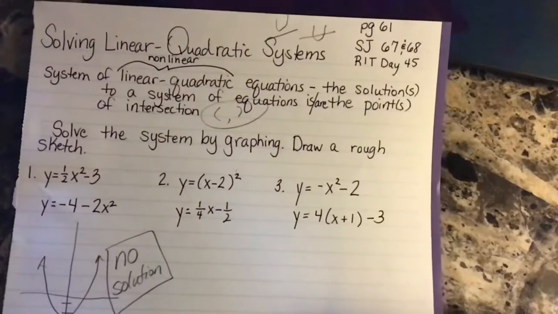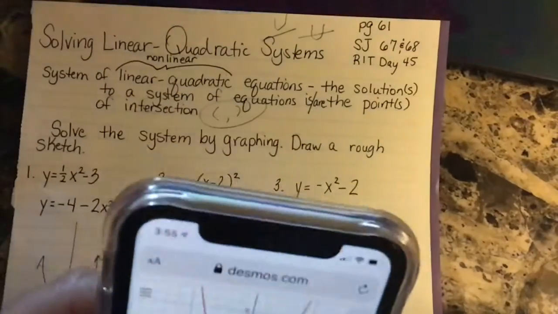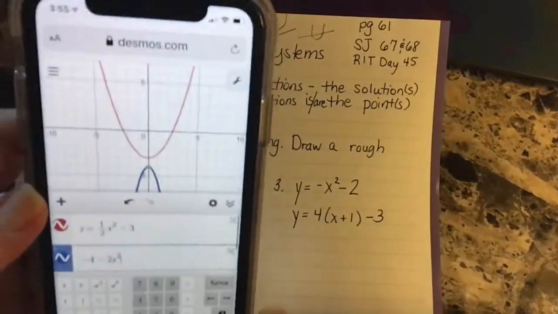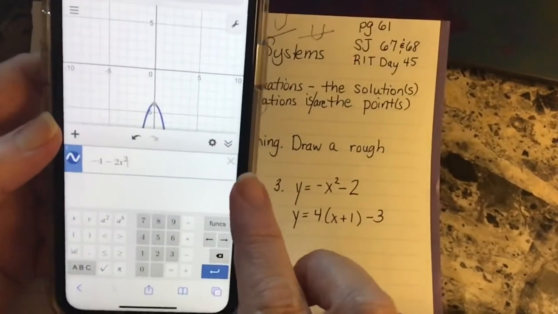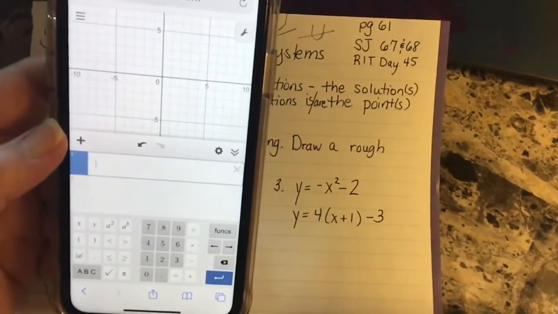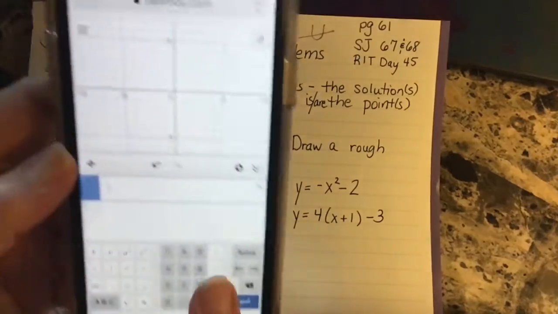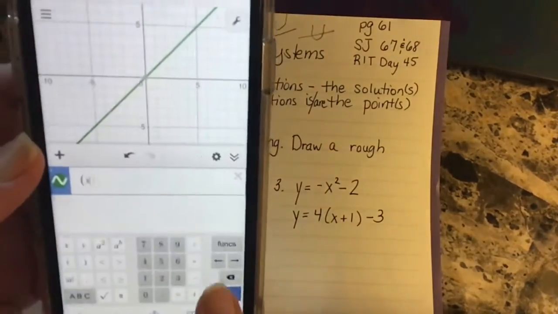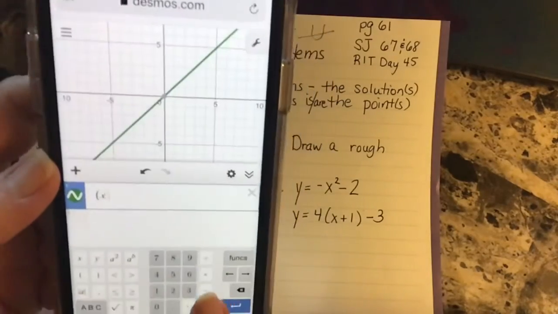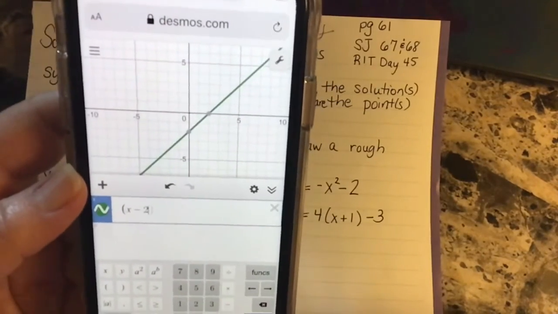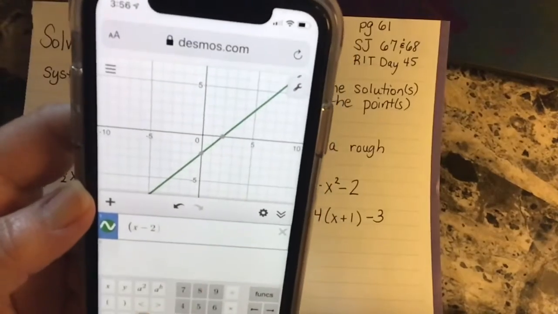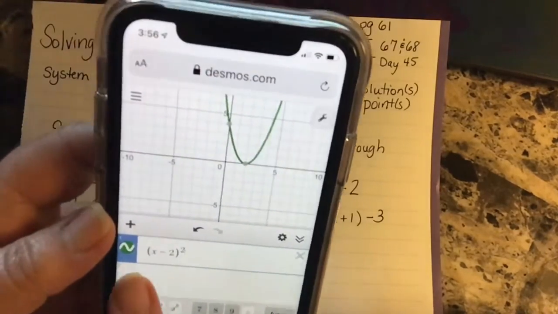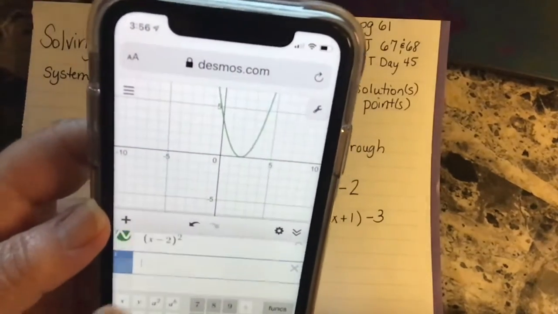Okay, let's look at the next one. I'll just X these out of here. See that X? You can just get rid of them by Xing. Then I'll type in the next one, parentheses x minus 2, and then I can put a square on the outside. I didn't put y equals, but it doesn't matter if you put y equals or not.